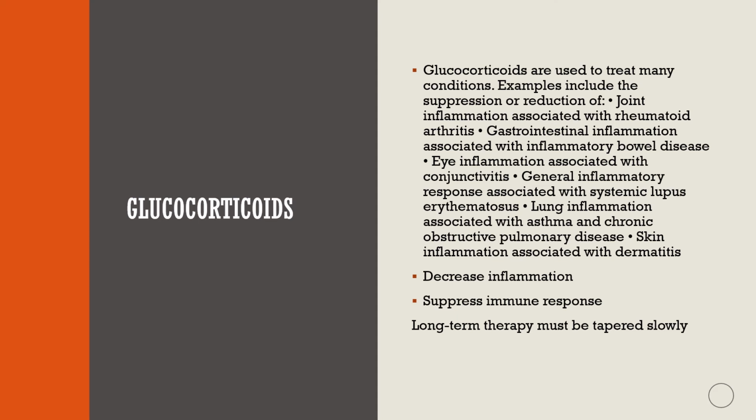And so when we're giving it to patients that have this exaggerated immune response, we're usually talking about autoimmune diseases where the body is basically attacking itself, and what's being produced by the adrenal glands is not sufficient to combat that. And so we give a synthetic form of it, that there are many different kinds.